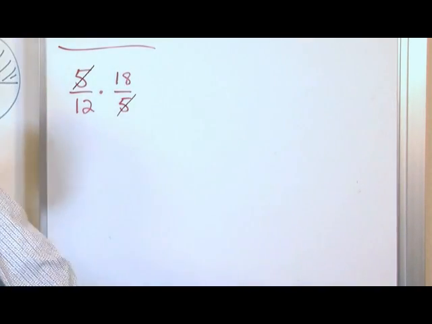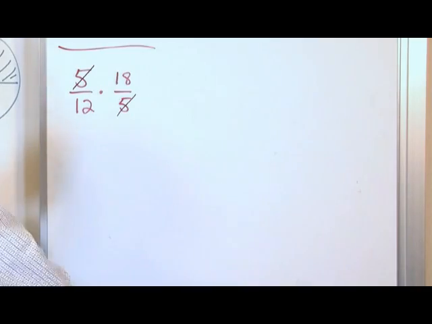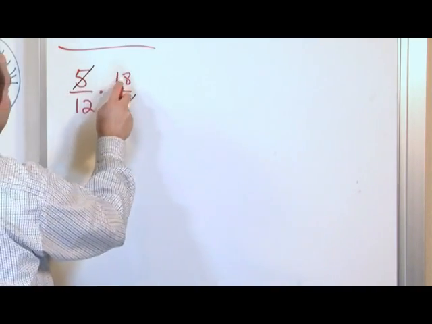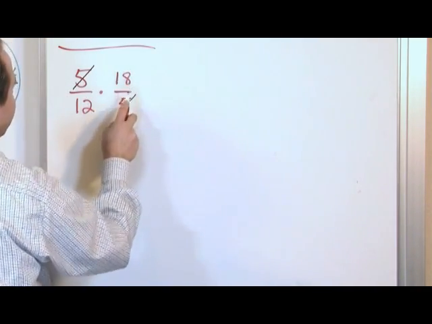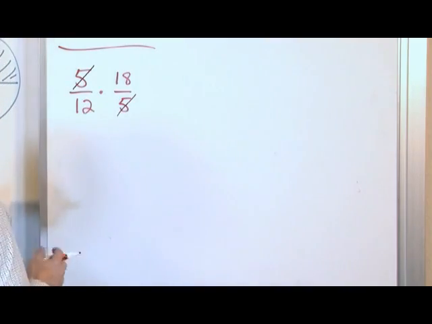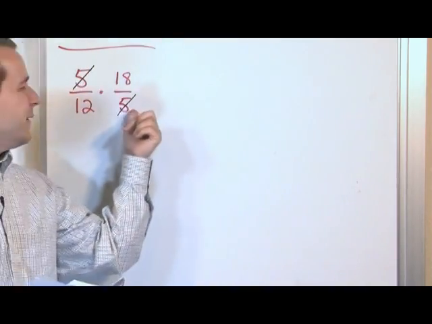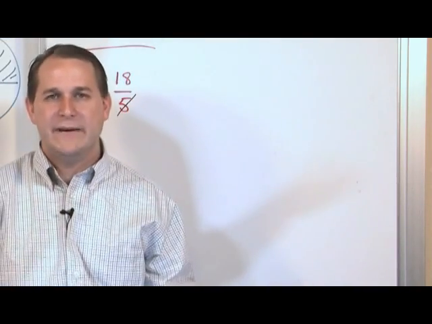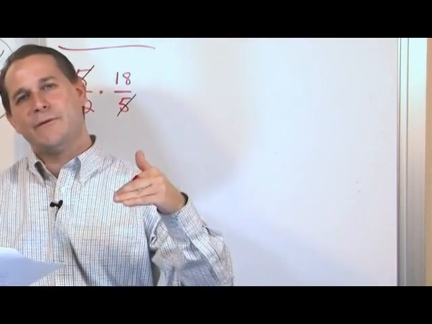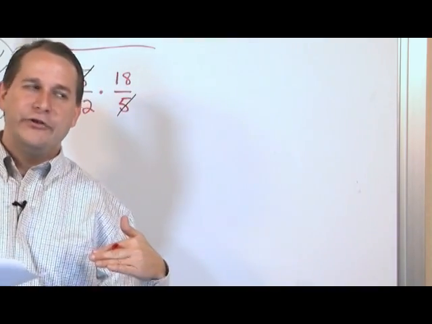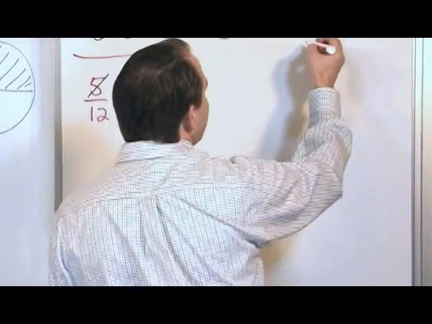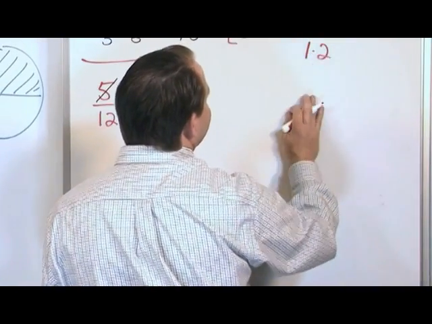It's just that what's really happening here is, if you think about it, let's do a little bit of an aside here, and you'll see why we're doing this. If we were to do this, it would be 5 times 18 on the top, but then we would be dividing by 12 times 5 on the bottom. So ultimately what we're doing here is we're multiplying by 5 on the top because of this 5, but then we're going to turn around and just divide by 5 again. So we've multiplied by 5 on the top, but then we just divide by 5. It's just like taking 1 times 2, right?